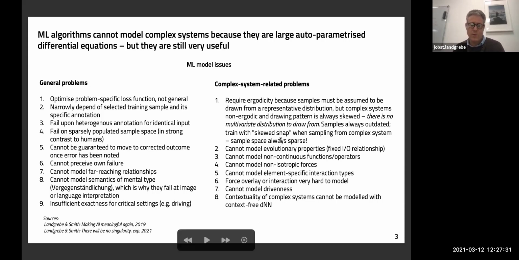So points number 8 and number 1 are the toughest points, but the rest is as tough as the others. So that's really hard. You have to bear in mind these essential limitations of modeling complex systems now when we move on.